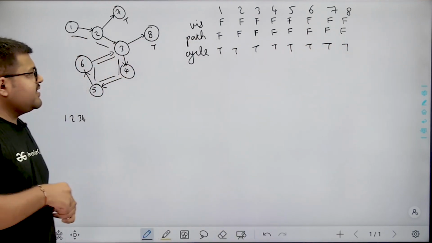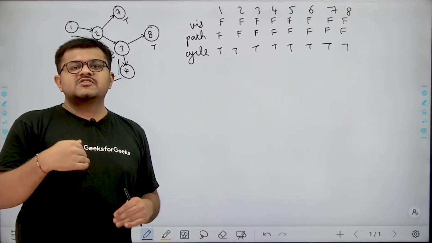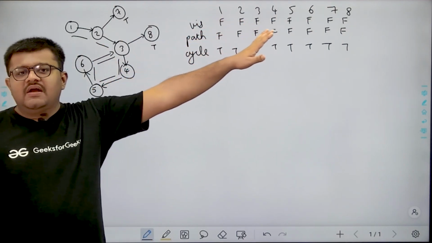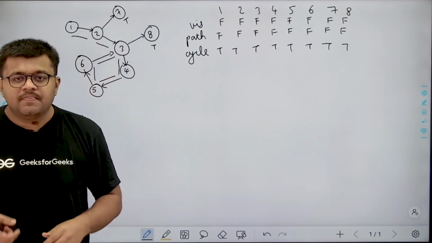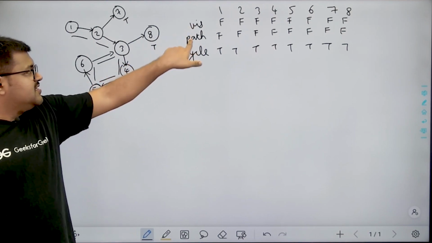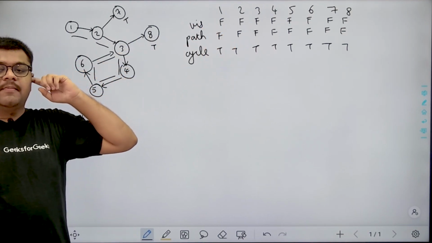Now understand one thing. Basically I want to find out what are the nodes which are a part of the cycle or which lead to a cycle, right? So what I'll do, starting from 1 to 8, I'll start calling a DFS whenever a node is not visited. Then after calling a DFS, I'll keep a mark of these things, visited and path. Okay, and we'll keep on changing cycle as and when required.